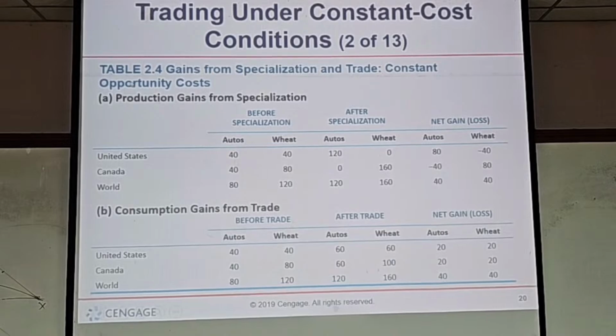This is production, okay? The United States will completely specialize. After specialization, where is complete specialization?